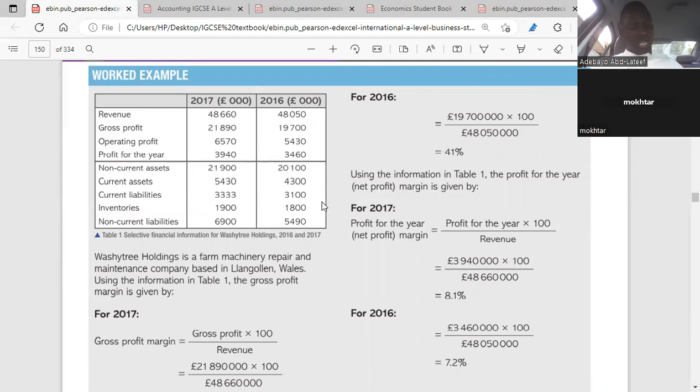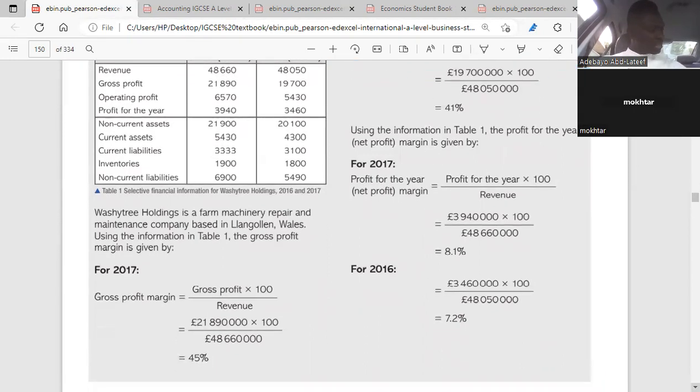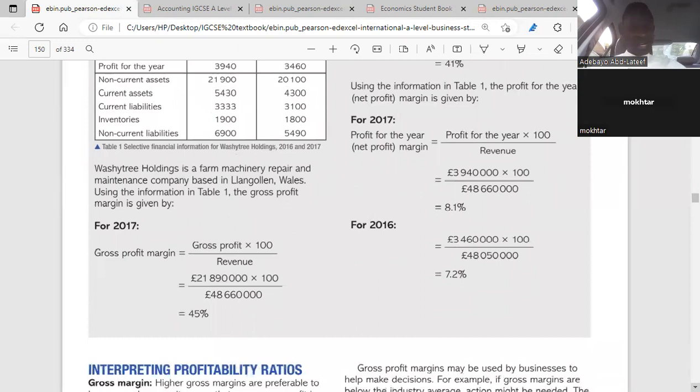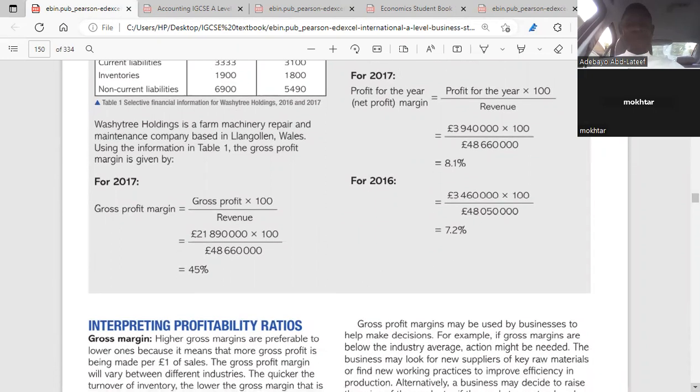If you have to find the gross profit margin, like I told you earlier, the gross profit margin for 2017 will be gross profit, which is 21,890, divided by the revenue, which is 48,660, multiplied by 100. That's how we get our gross profit margin. Okay, that's about gross profit margin.